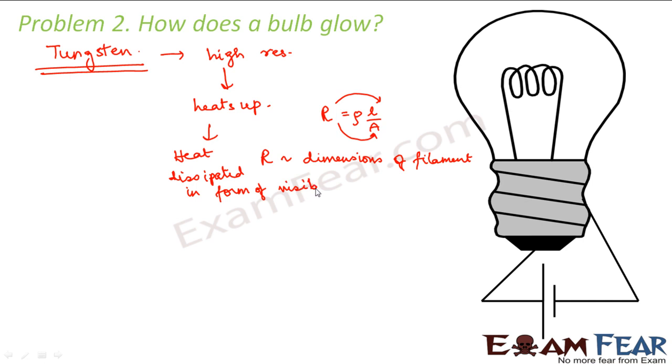Now there is another thing which you would have observed: as soon as you switch the bulb on, the bulb immediately glows. That means as soon as the switch is on, the circuit gets closed and the bulb glows.